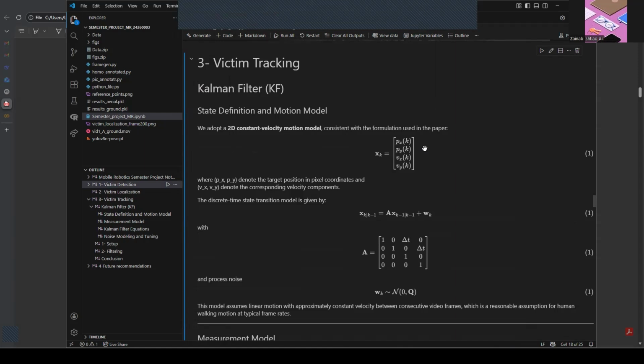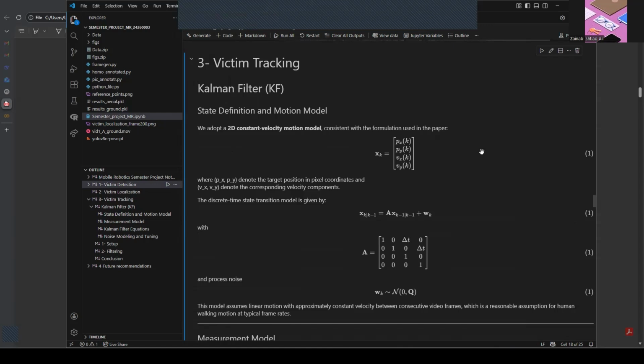And okay, so we actually have our victim's x and y positions, which will be px and py for our state k. And then the velocity we'll be finding out based off the previous position and the current position, and then our change in time, which will be our frame step.